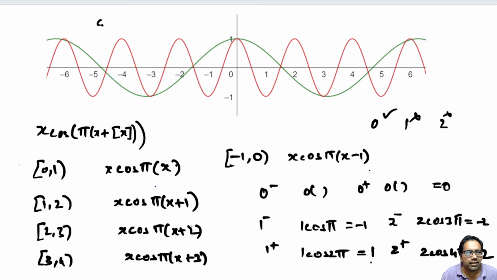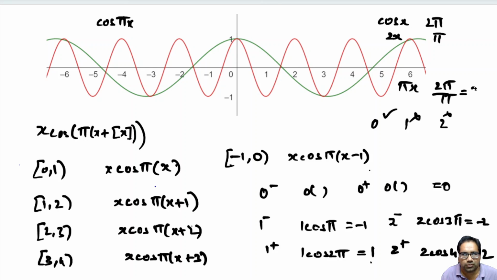Let us understand the graph of cos(πx). If it is cos x, what is the period? The period is 2π. If it is cos 2x, what is the period? 2π by 2, which is π. What if it is πx? It is 2π by π, which is equal to 2. The period is 2, which means this graph will repeat itself after every 2 units.